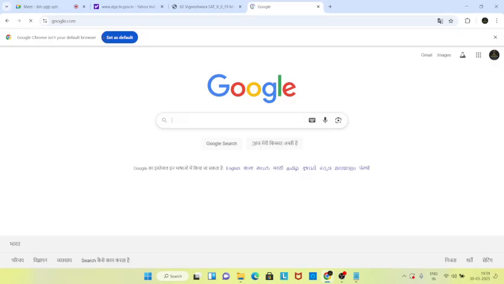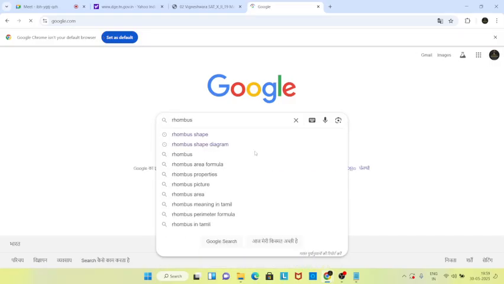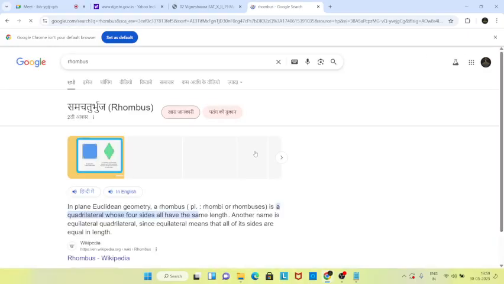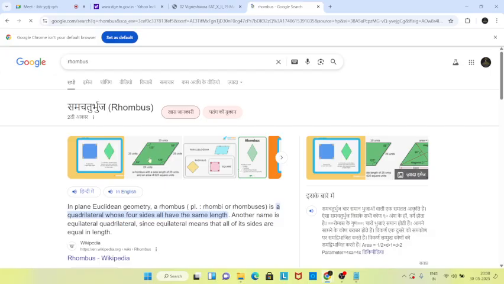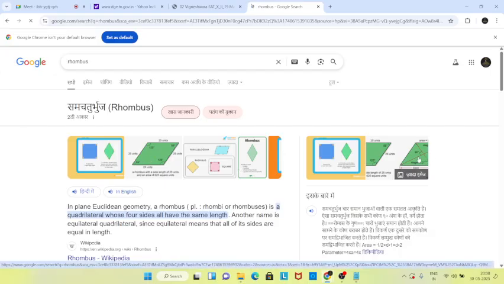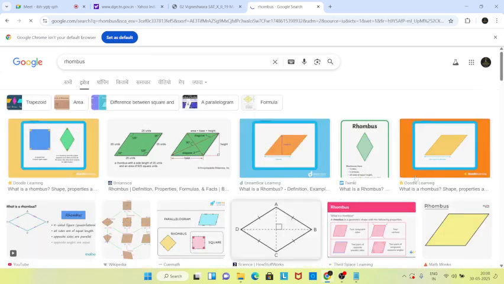I'll show you the rhombus. This is the rhombus. Okay, diagonals. See this picture.